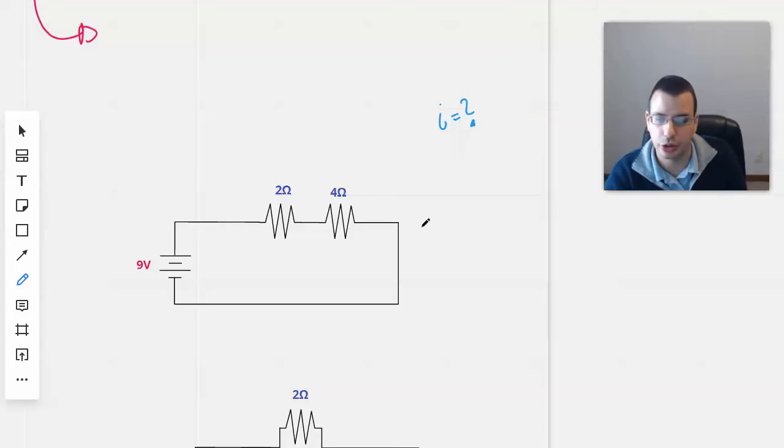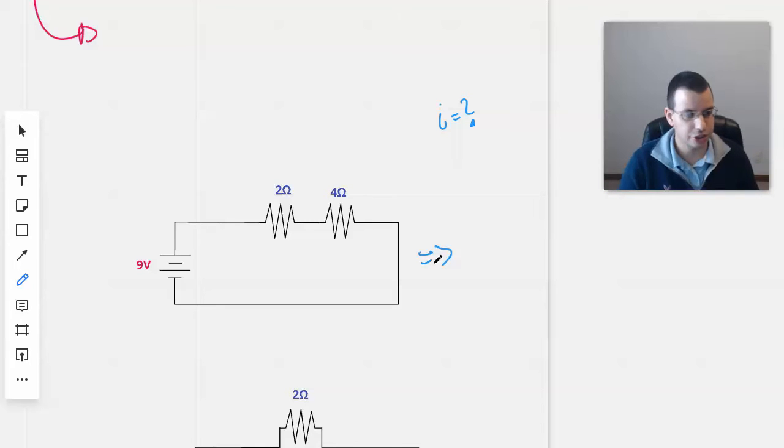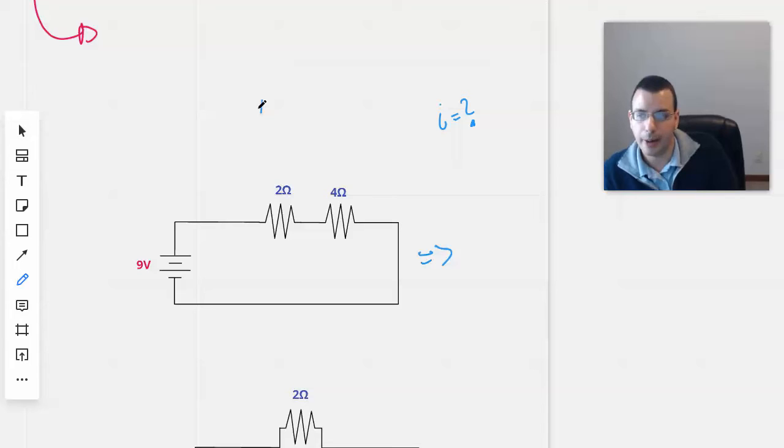And the way that you combine resistors in series is you just add them together. So when I have a problem like this, I try and redraw the circuit to reduce the number of circuits, and we do it in terms of equivalent circuits. So resistance equivalent would be R1 plus R2 for series.